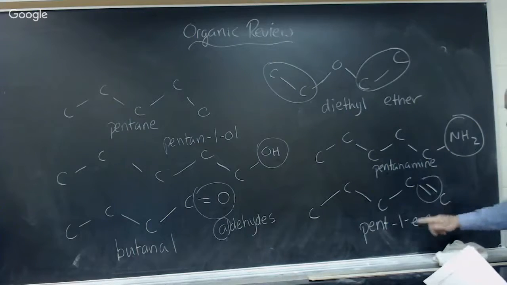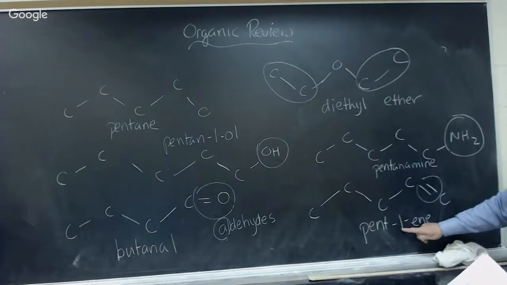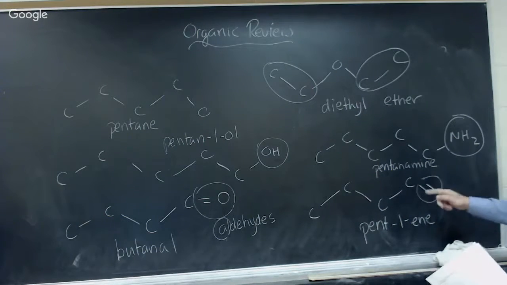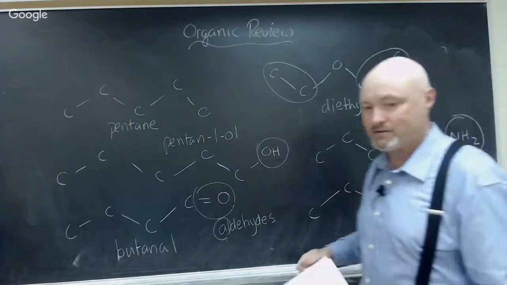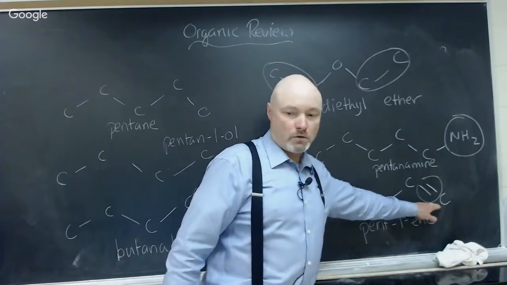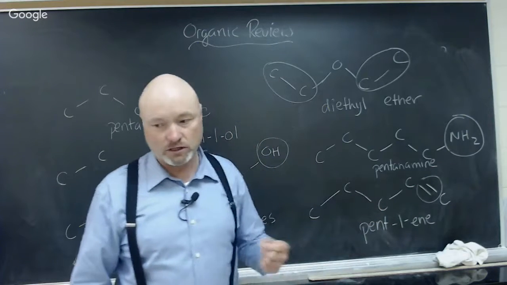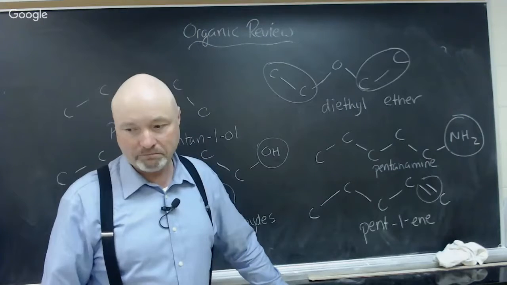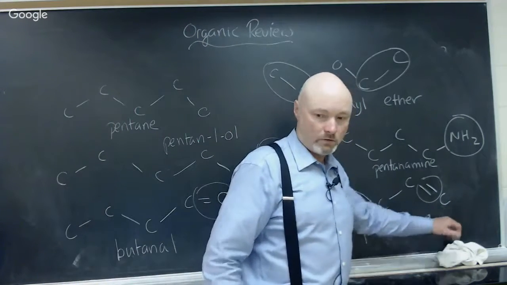We always number it trying to get the lowest number possible. So we wouldn't call it pent-4-ene, even though that would tell us where that double bond is. We start numbering from the side that's going to give us the lowest number in the name. So this is our carbon number 1 right here.